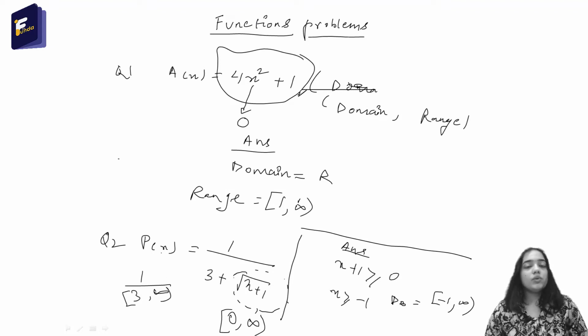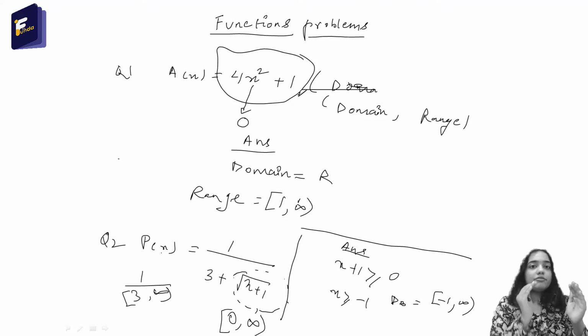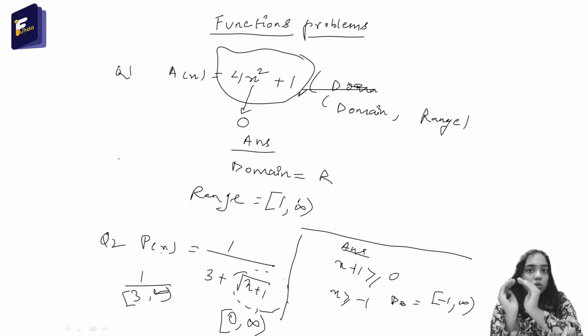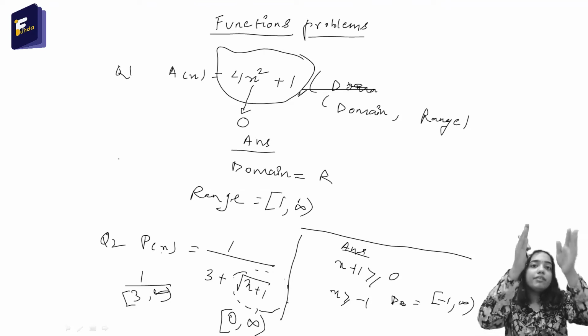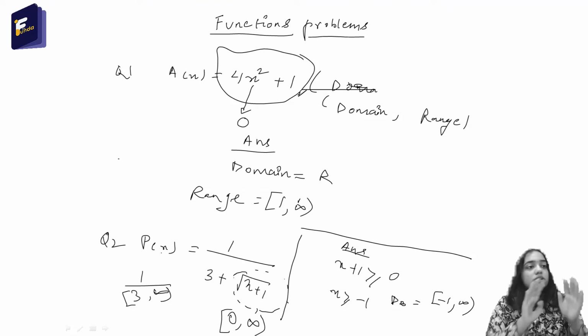So how I am solving this question is that I am finding the range of a small part of the function, then I am adding 3 to that range, then I am dividing 1 by it, because this is what the function is about. So it will be 1 by 3, 3 to infinity.